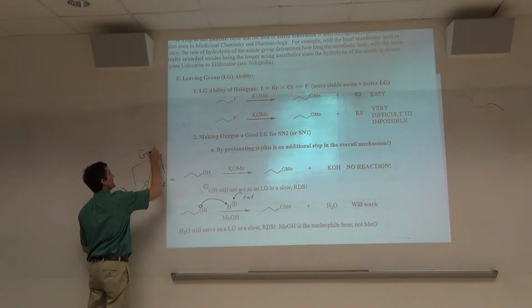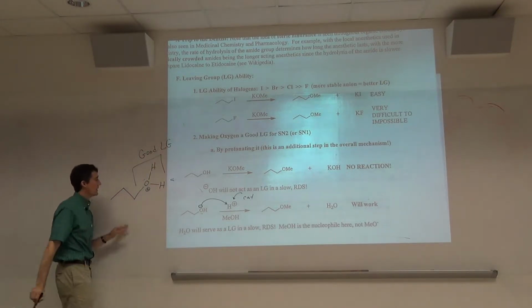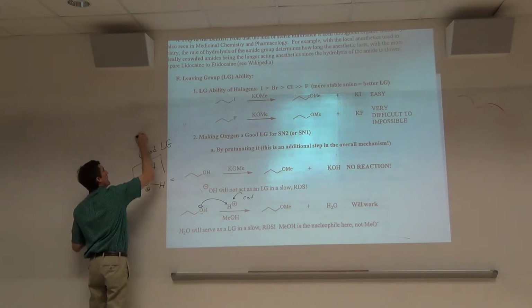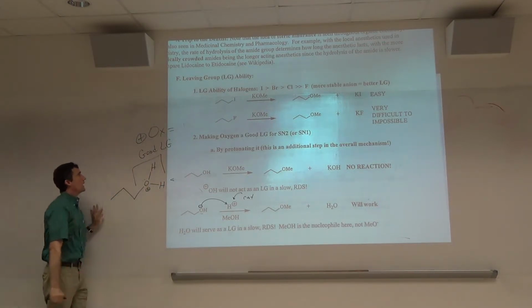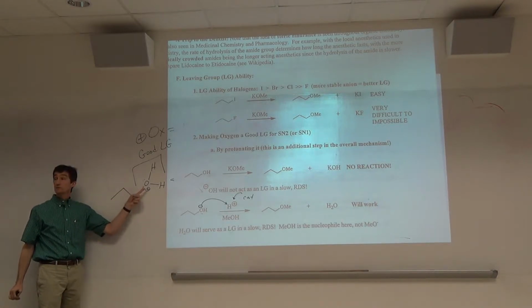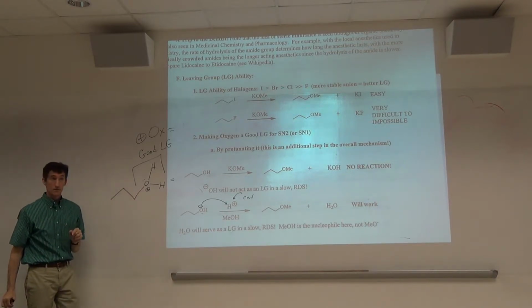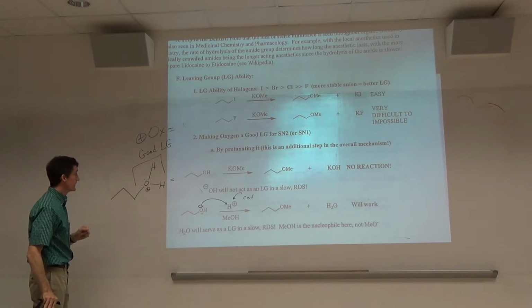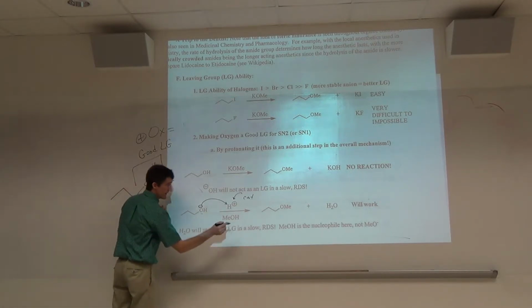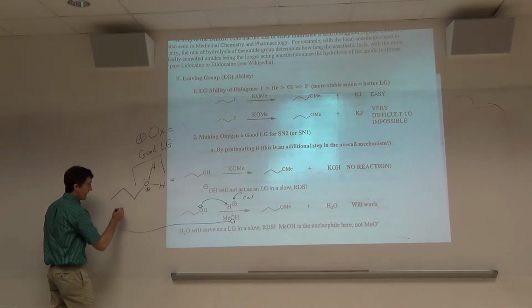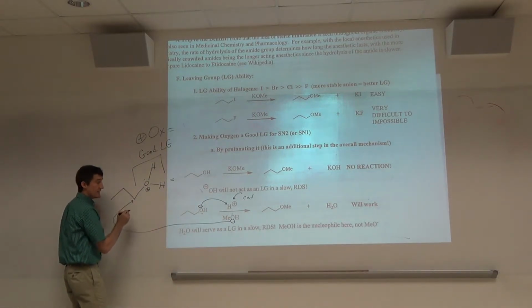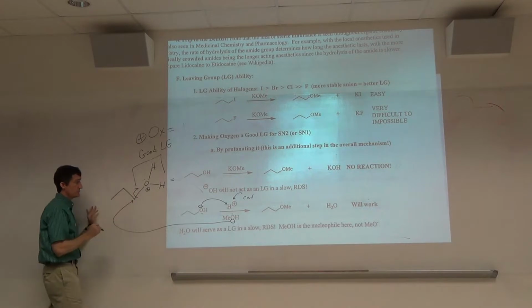Now we have a good leaving group. Now we have a positive oxygen. Now we can get some nucleophile. I'm using methanol. Now a nucleophile will come in and do our backside attack, kick off the leaving group.